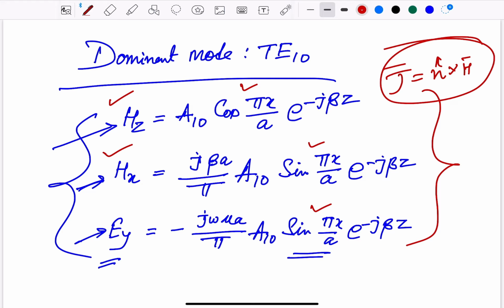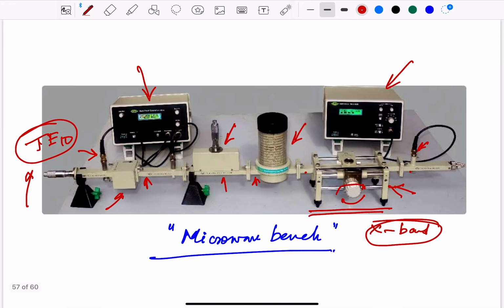Now let us see how this mode will look, or how you will see this mode in a waveguide in different cross sections.